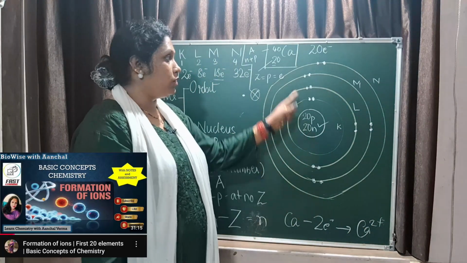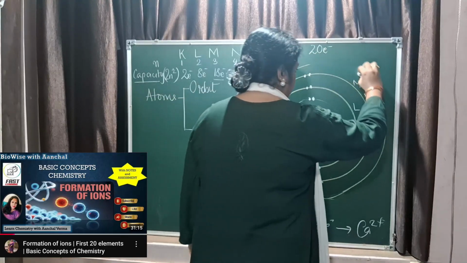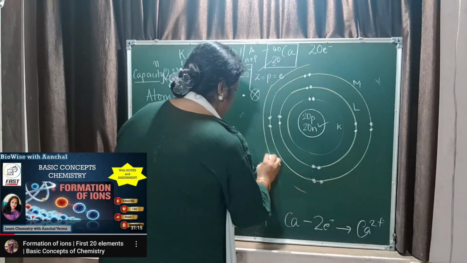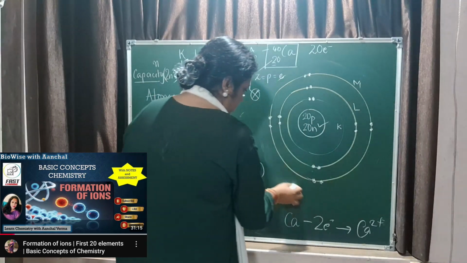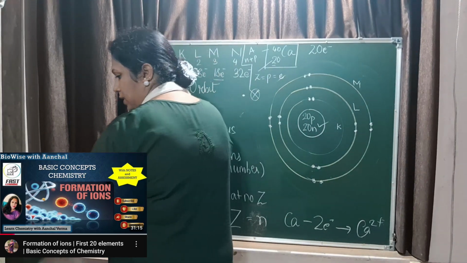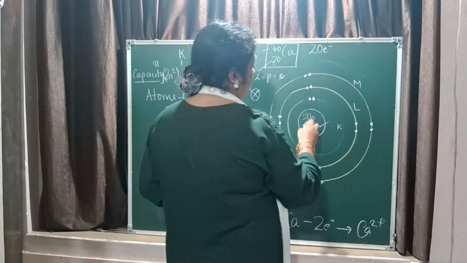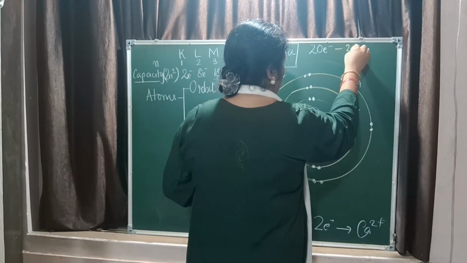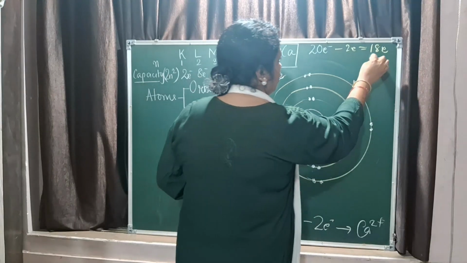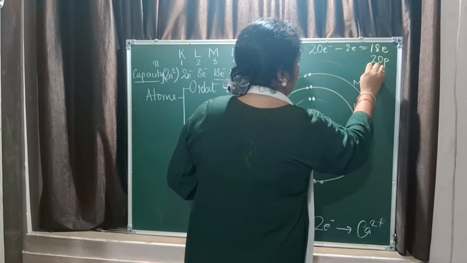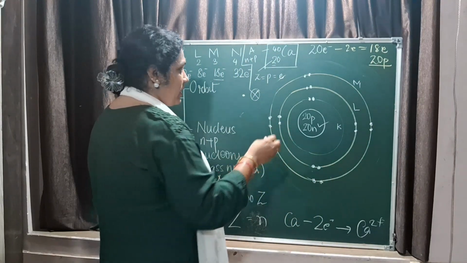When the electrons from the last shell are lost, the last shell stops existing. Now calcium has lost 2 electrons, so the total electrons become 18, but the number of protons is 20. There are 2 protons extra, 2 positive charges extra.